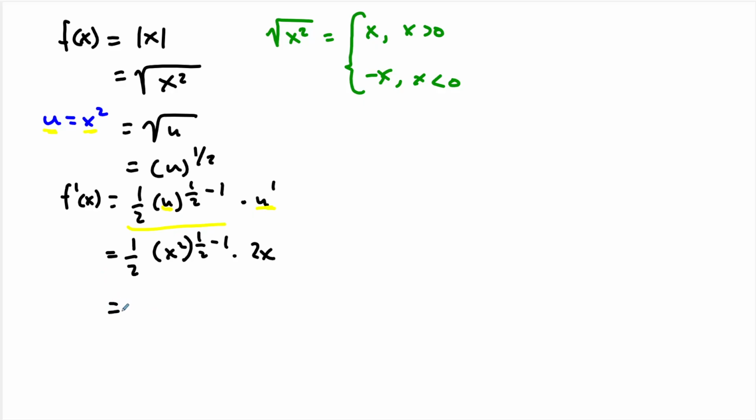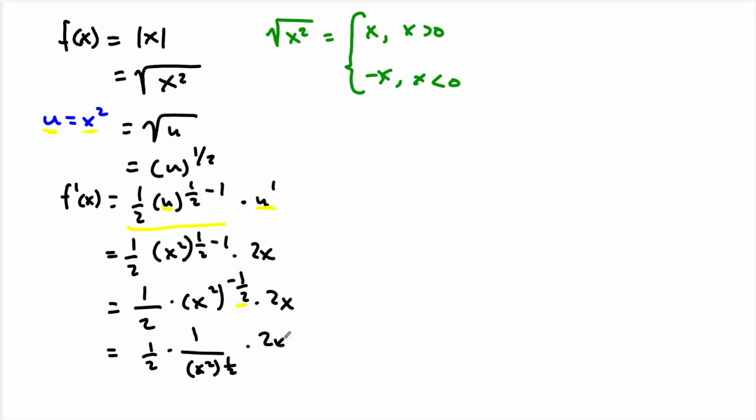Then we can rewrite it as 1 half times x squared to the negative 1 half times 2x, since 1 half minus 1 is negative 1 half. And since this is a negative exponent, we can write it as 1 half times 1 over x squared to the 1 half power times 2x.